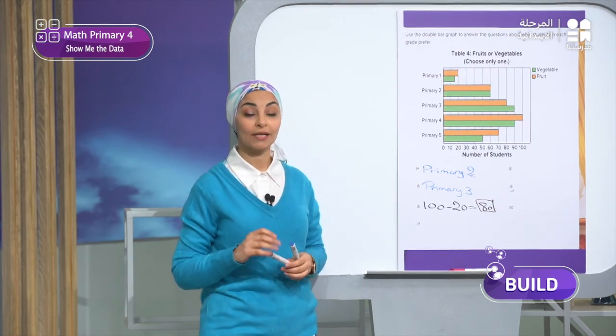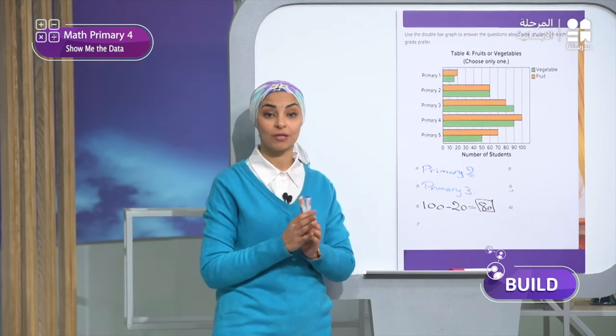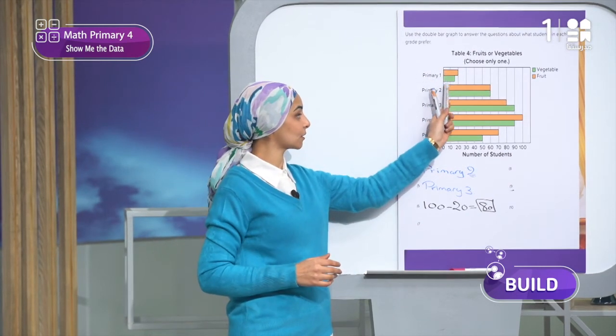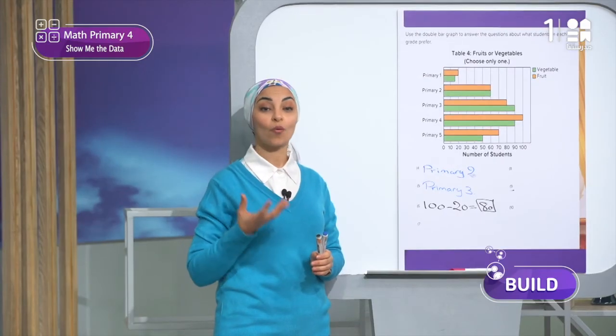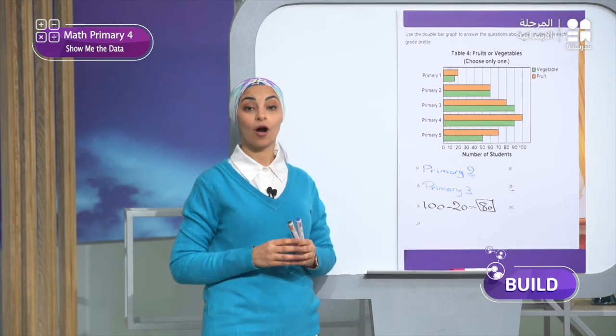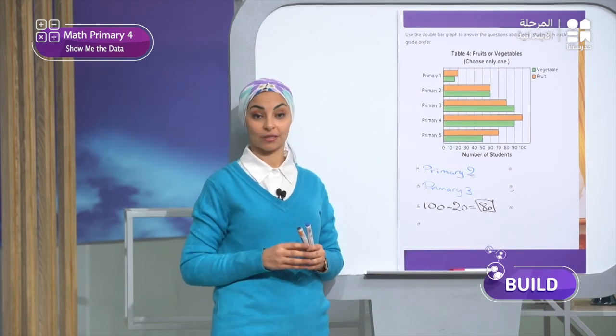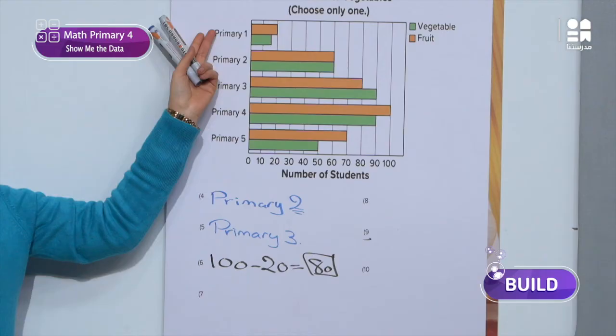In each grade we have students who like fruits and students who like vegetables. These are the students who participated in collecting the information. So the number of students in each grade is the number who like fruit plus the number who like vegetables. Let's see, for example, primary 1.